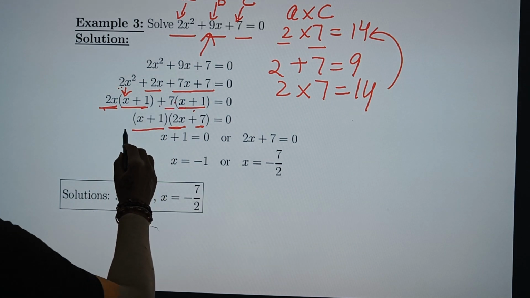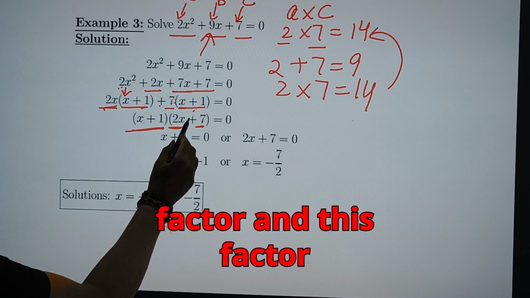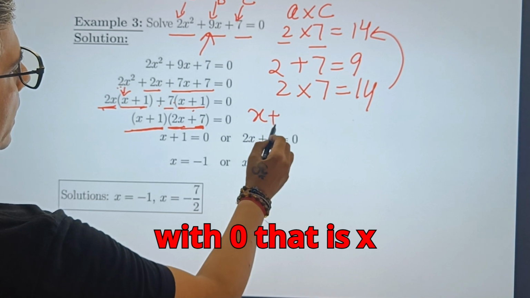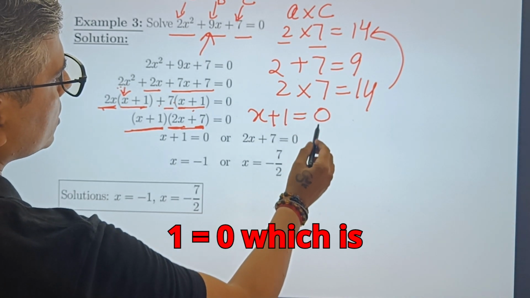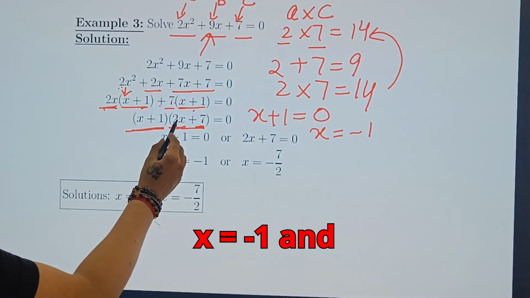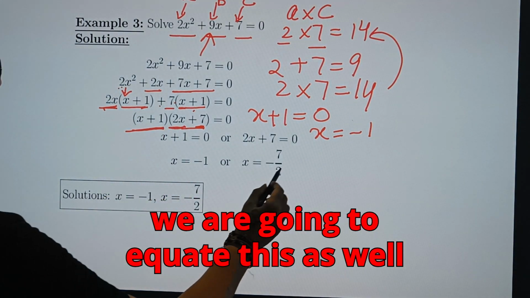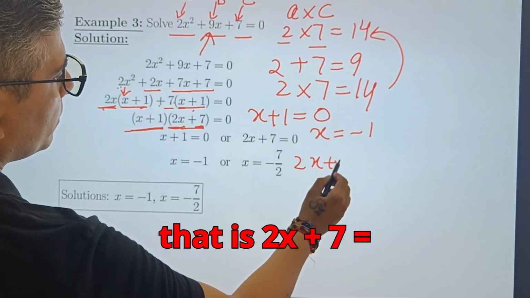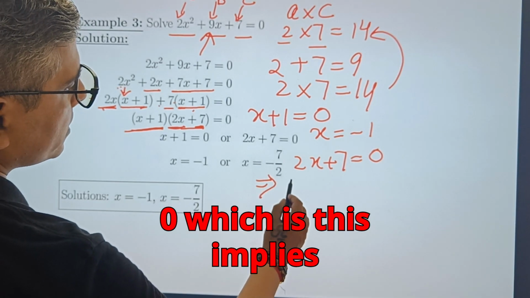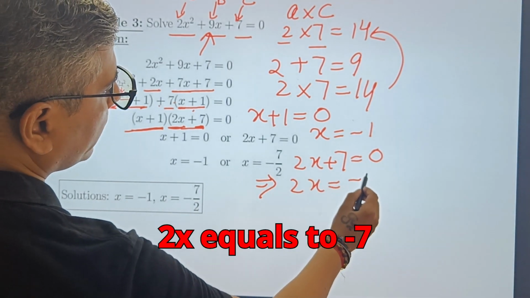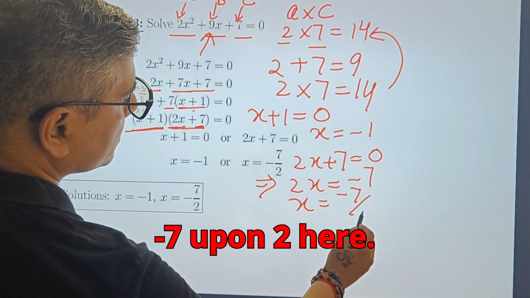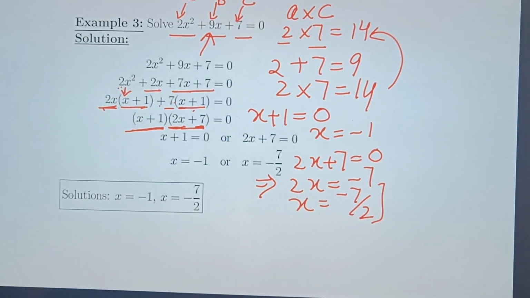Now we have to equate this particular factor and this factor with 0, that is x plus 1 equals 0, which is x equals minus 1, and we are going to equate this as well, that is 2x plus 7 equals 0, which implies 2x equals minus 7 and x equals minus 7 upon 2 here.